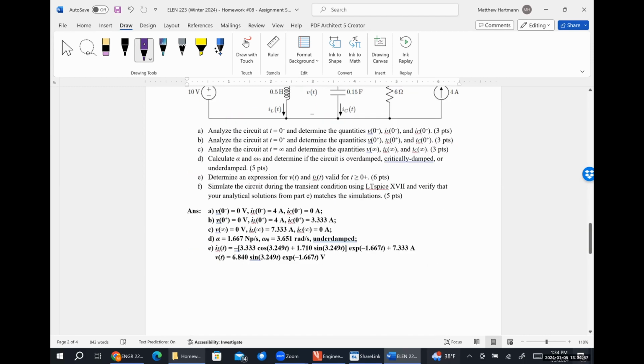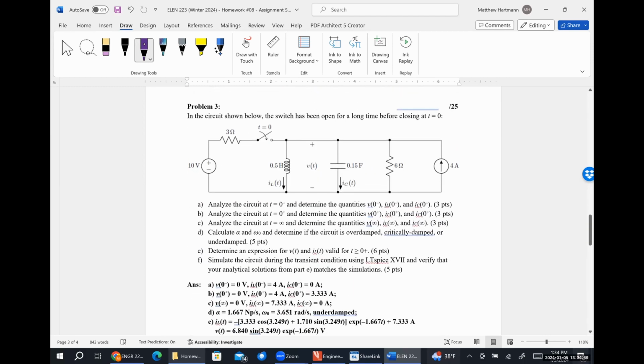So let me see if we got one with a current source anywhere here. Yeah. Like this guy right here, we have both a current source over here and a voltage source, right? So during the transient condition, looking at a dead network, this 10-volt source will be off. This switch will be closed. So we would have 3 ohms in parallel with 6 ohms, which is just going to look like a single equivalent resistance.